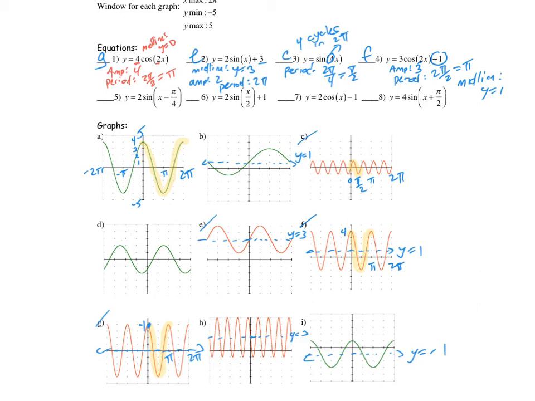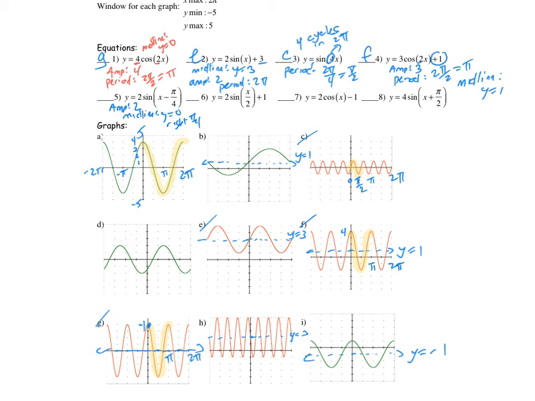Okay, number 5 is a sine graph with an amplitude of 2. No vertical shift, so the midline is at y equals 0, but it's shifted right pi over 4. So I'm going to look for graphs that have an amplitude of 2. So let's see, which graphs have an amplitude of 2?